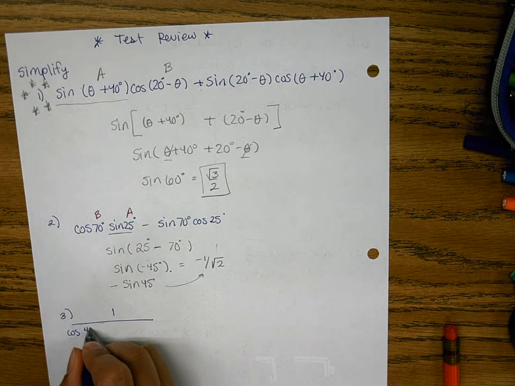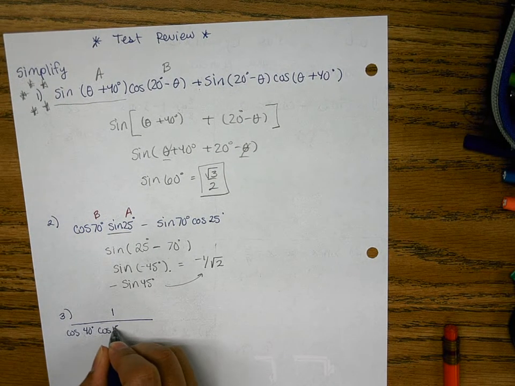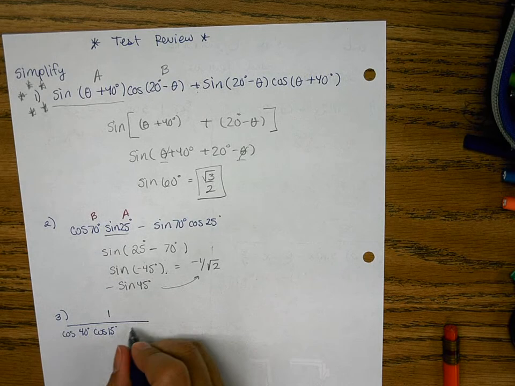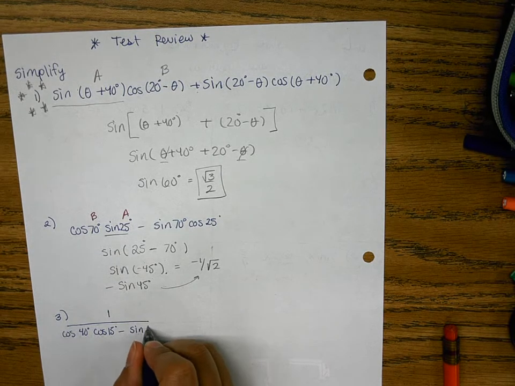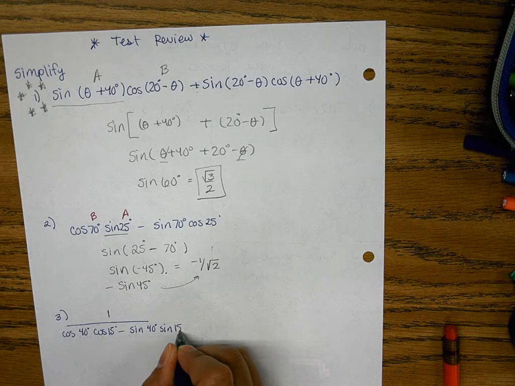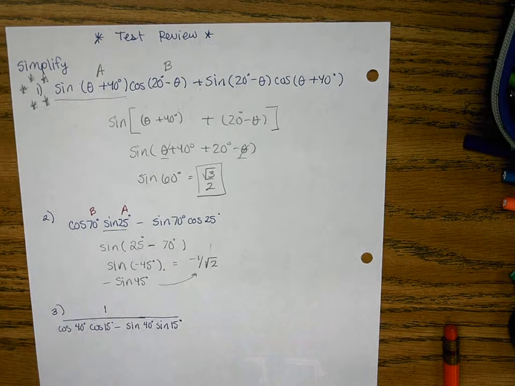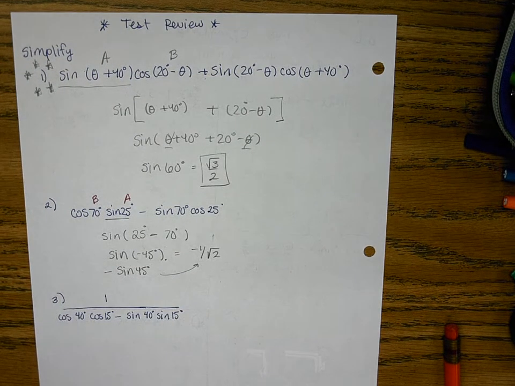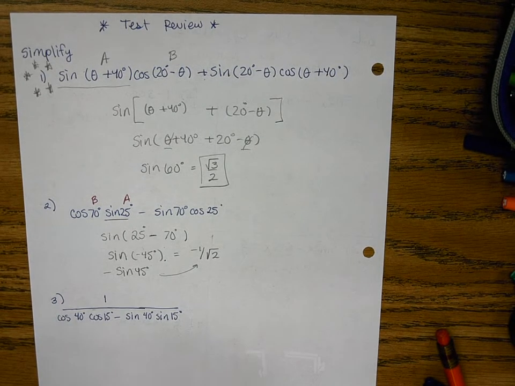1 over cosine 40, cosine 15, they're both degrees, minus sine of 40 degrees and sine of 15 degrees. Okay, so taking a look at that, and first off, what is that? We've never seen anything like it.